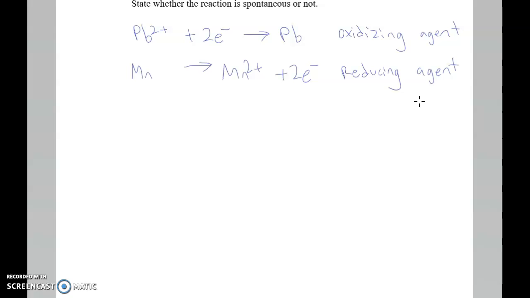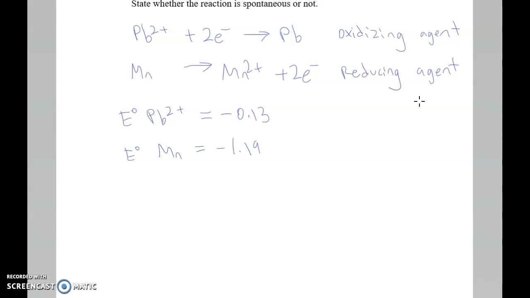So now you look at the table to get the standard reduction potential values of each of lead and manganese. So E value for Pb2+ is negative 0.13 volts. And the standard reduction potential for manganese, on the table it says it's negative 1.19.